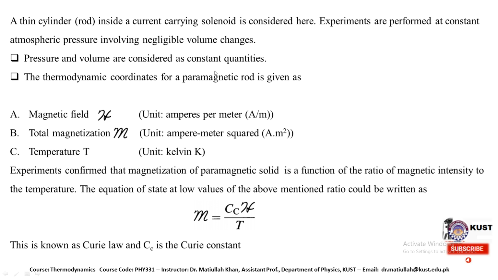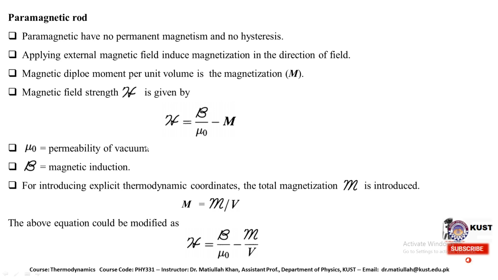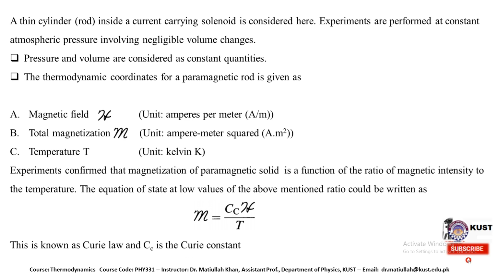It is represented by small m and measured in amperes meter square, because bigger M is equal to small m divided by V. If you do the cross multiplication, small m will be equal to capital M multiplied by V. So we get this equation and this unit for that particular system.